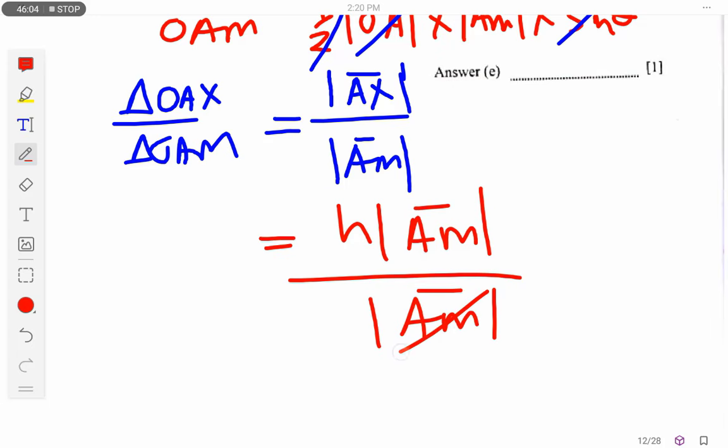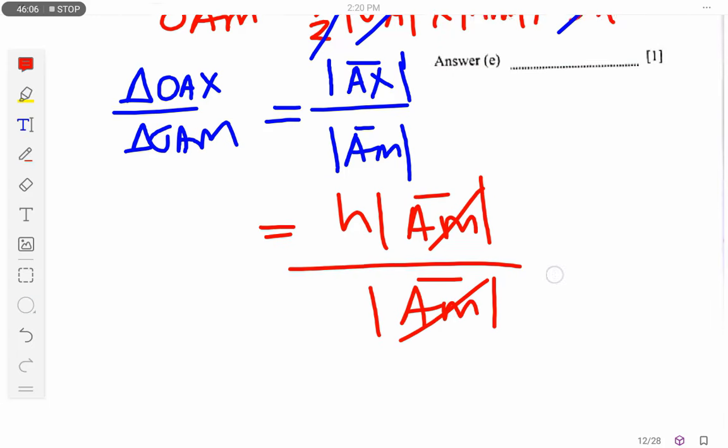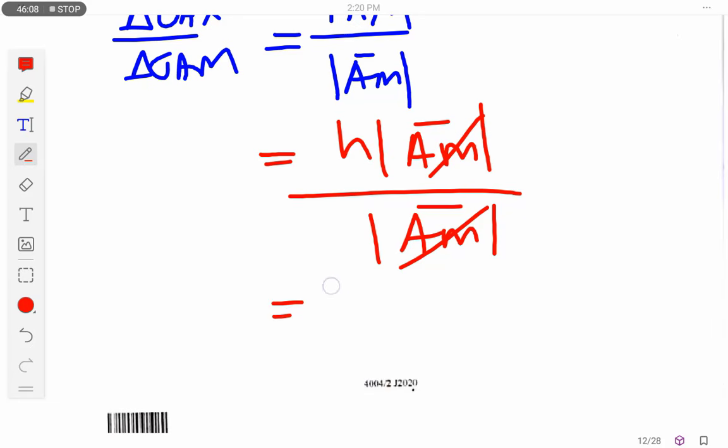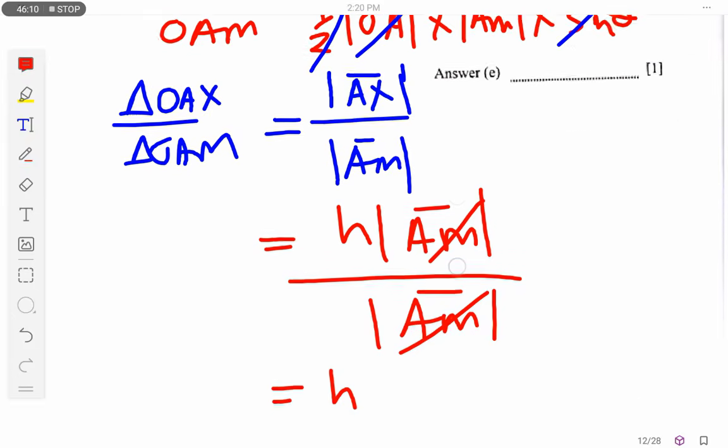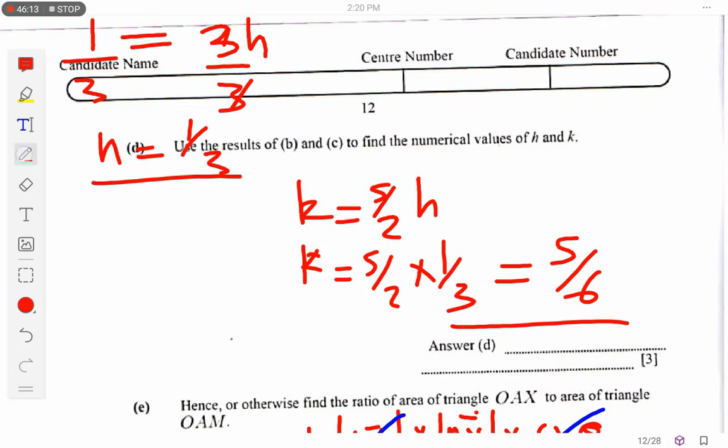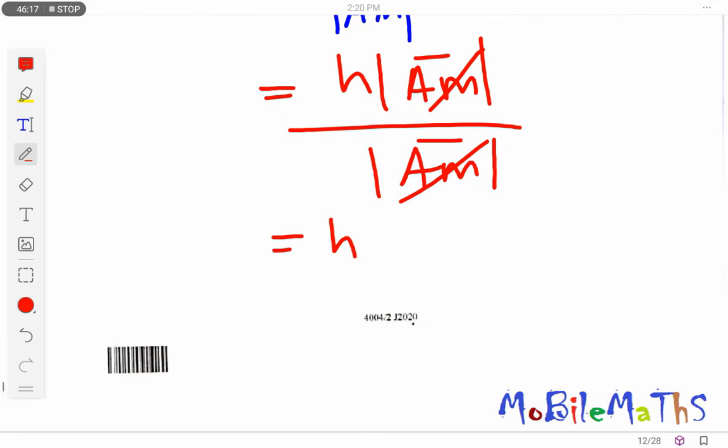So this and this will cancel. It means our ratio of the triangle is equal to H. What is the value of our H? We calculated our H and we said it is equal to 1/3. So our ratio is 1:3. That's how we do it.